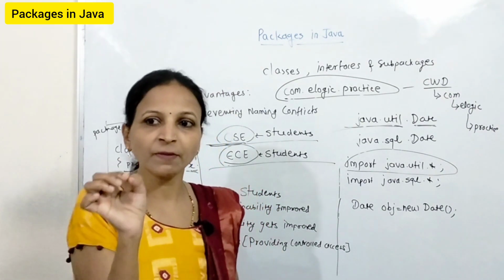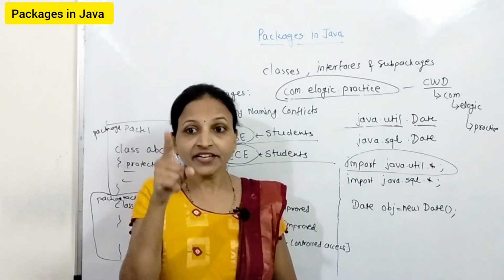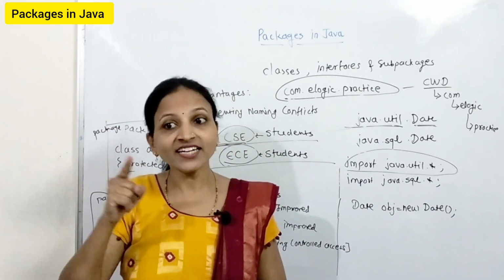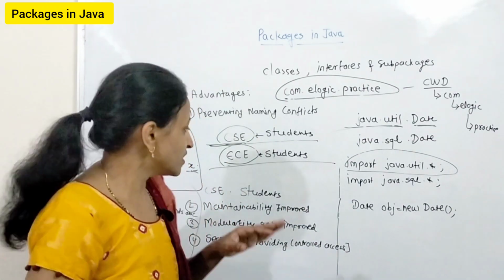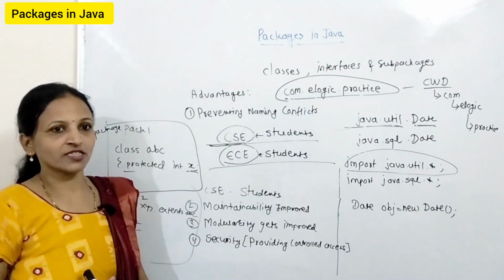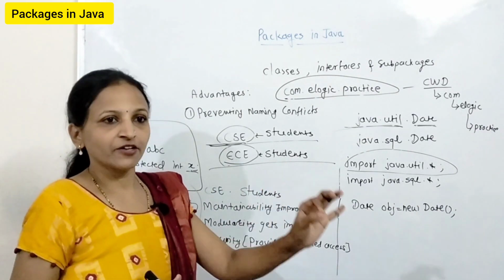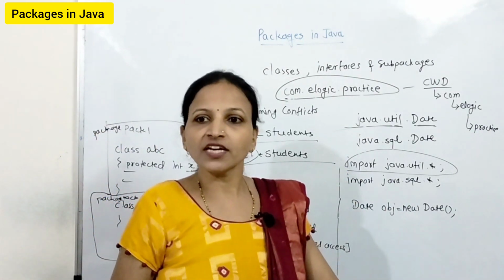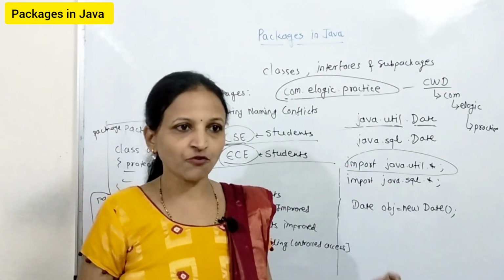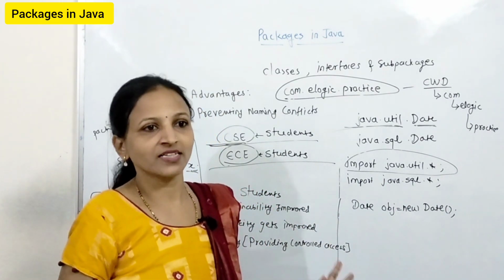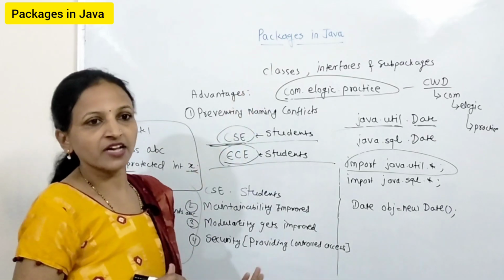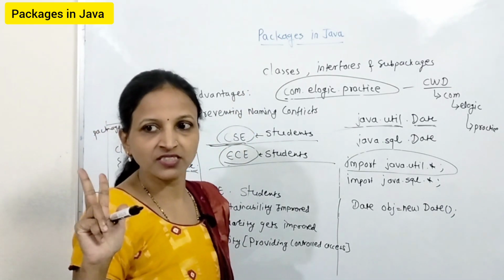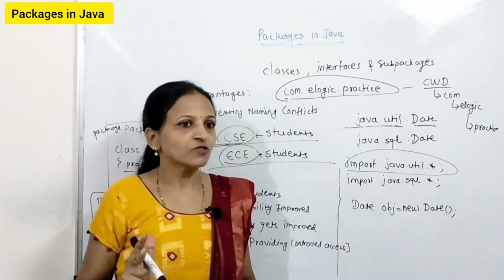Means protected members are accessible inside the package and inside derived classes. Always keep in mind this point. Means using this package concept we can give security. The package access modifier, meaning the default access modifier, and the protected access modifier are totally linked with this package concept, those two modifiers. Any doubts now?